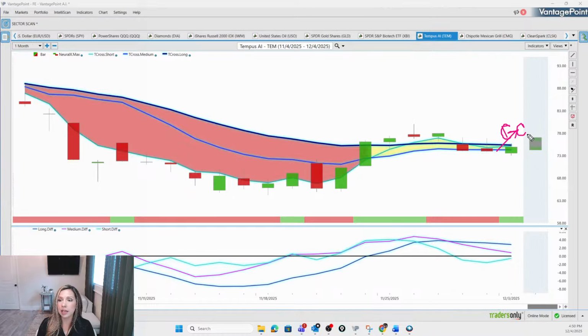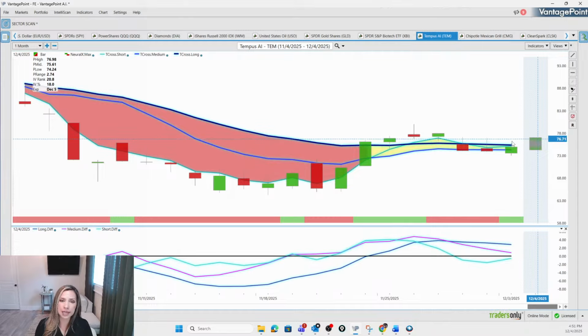But if it does, then that would be a strong signal of a stronger bullish trend beginning. And let's see, where did we end today? 76.33. So we have officially broken above that T-cross long the first day. The next day, we would need 2 consecutive closes. So hopefully that was helpful for you there.